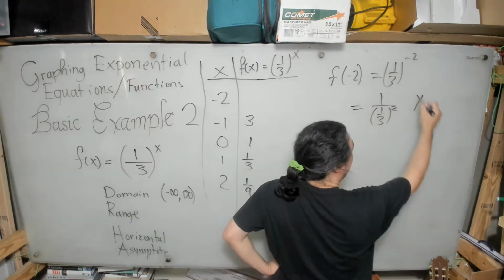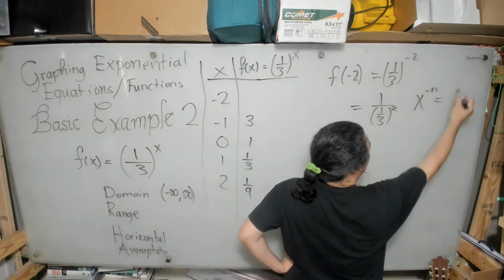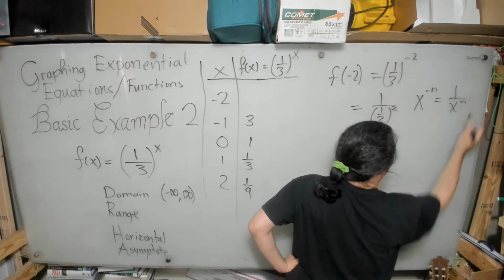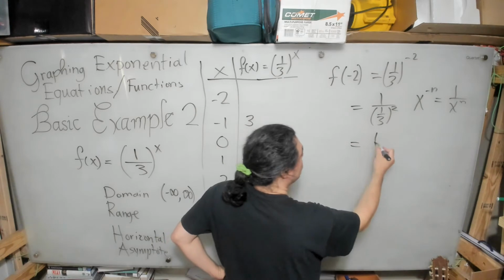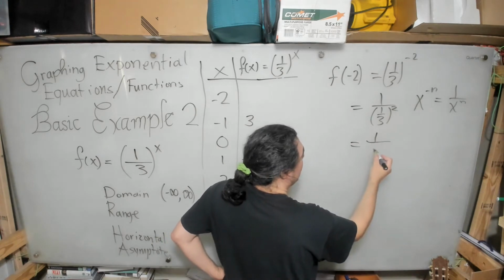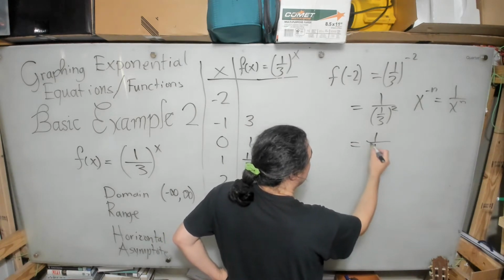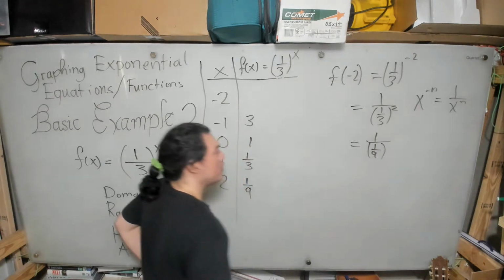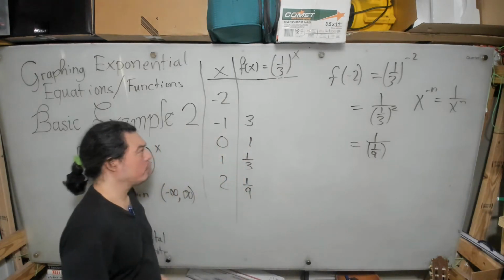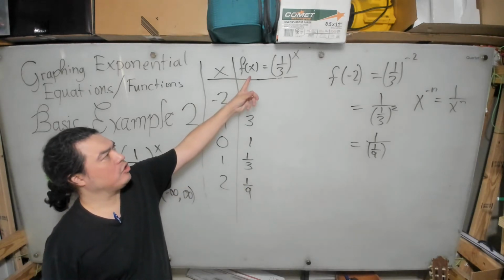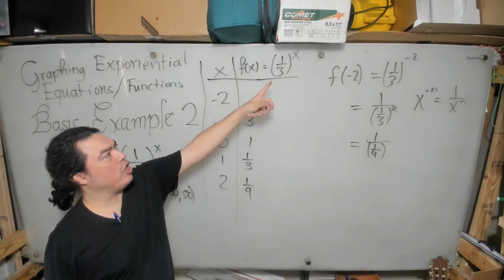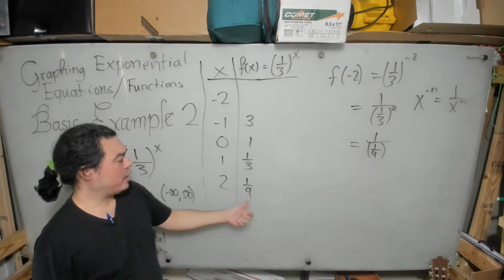Because we know that x to the negative n is equal to 1 over x to the positive n. Then we know that this is going to equal 1 over 9. Now, how do I know that? We saw earlier when we were calculating f evaluated at 2, which is 1 over 3 to the 2 power, that that gave us 1 over 9.